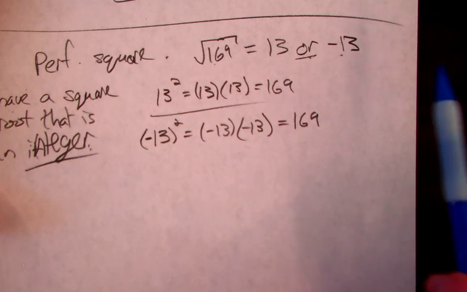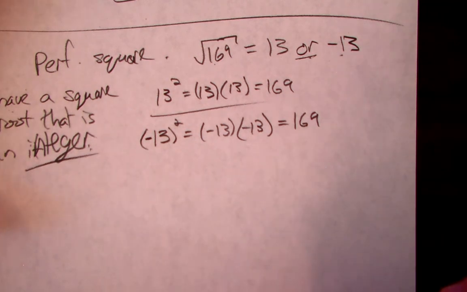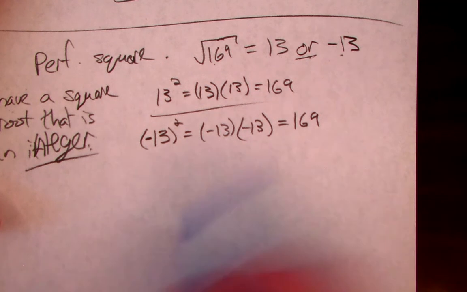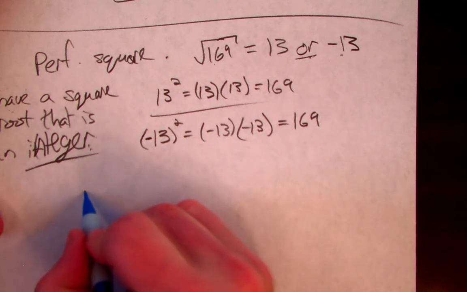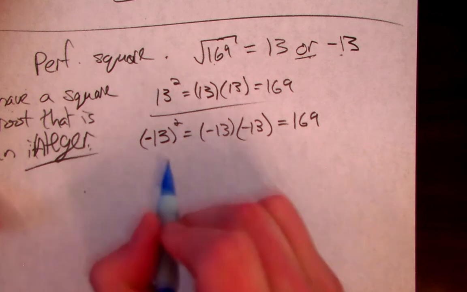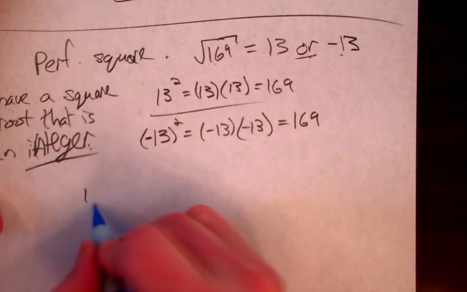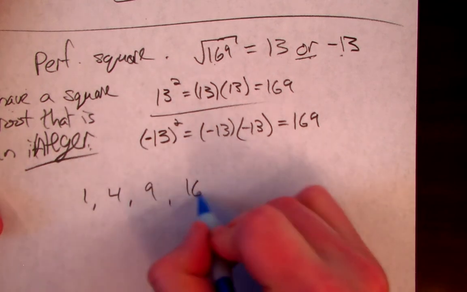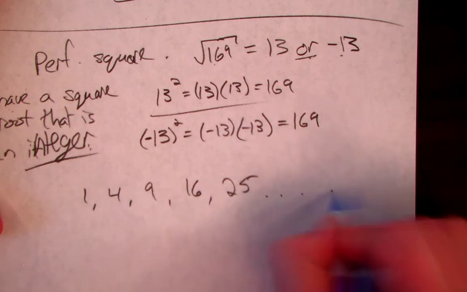Being able to have those perfect squares, we covered that at the beginning of the year. Very simply, it's just those amounts as follows. So you can have 1, 4, 9, 16, 25, so on and so forth.